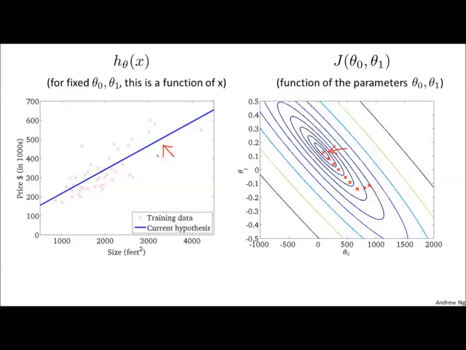So that's gradient descent, and we've just run it and gotten a good fit to my data set of housing prices. You can now use it to predict, if your friend has a house of size 1250 square feet, you can read off the value and tell them that, I don't know, maybe they can get $250,000 for their house.